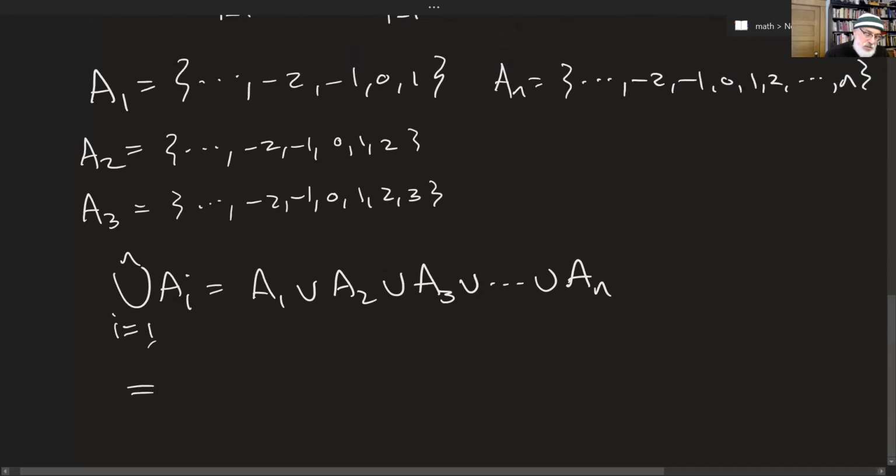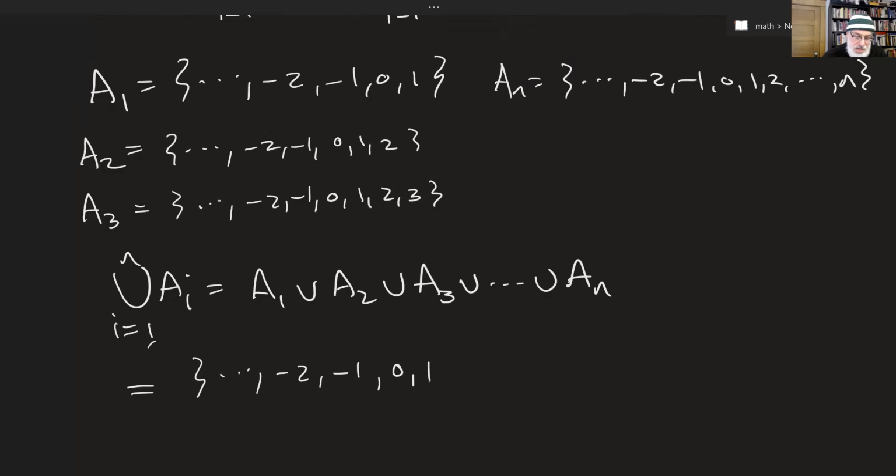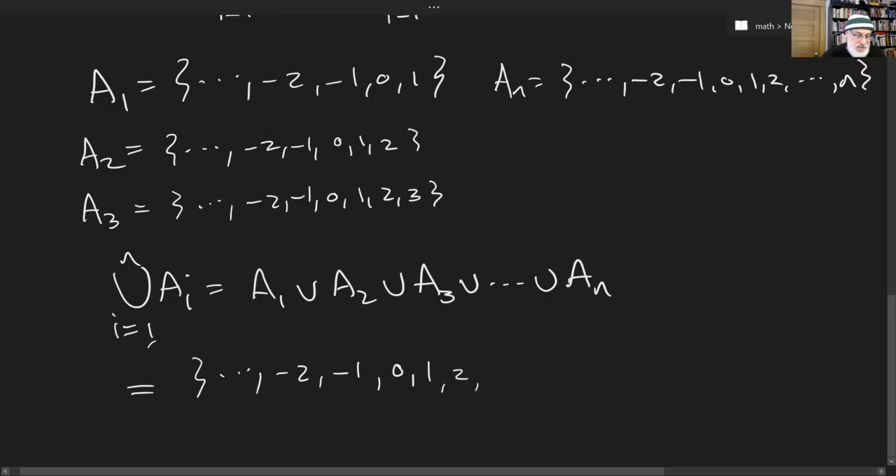If we look up here, we see A sub 1 has all of the negatives, negative 1, 0, and 1. A sub 2 has all of the negatives, 0, 1, and 2, and so on. So at the very least, we have all of the negative integers, 0, and 1. Now, if I look at A sub 2, I'm going to add 2. If I look at A sub 3, then I'm adding 3 to this list. A sub 4 will add 4, and so on, all the way up until n.